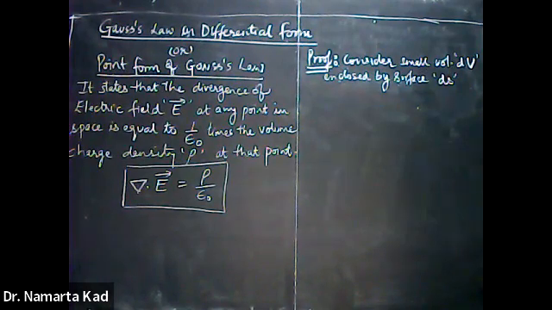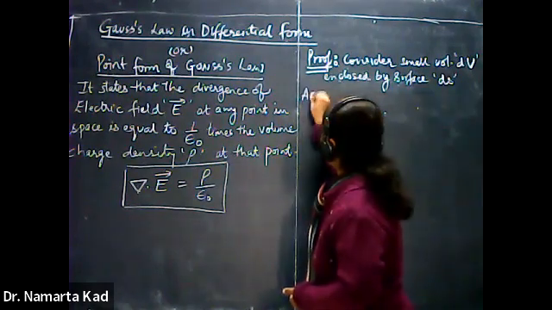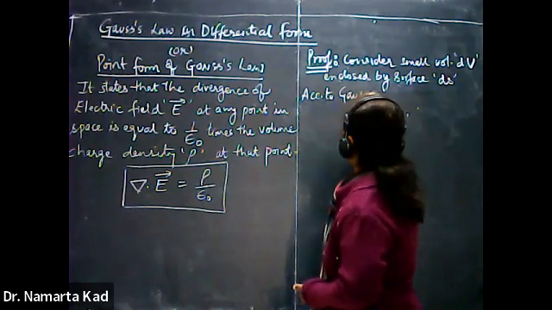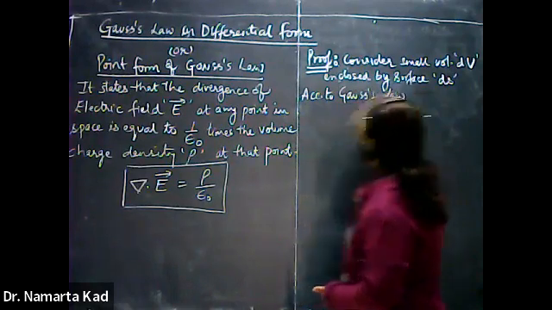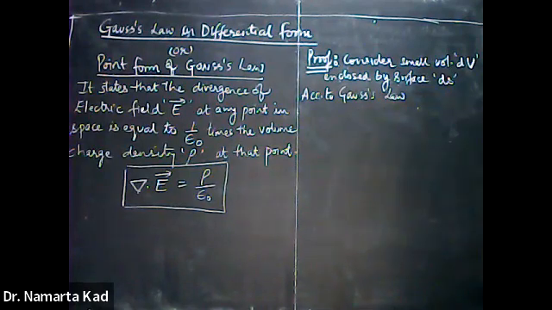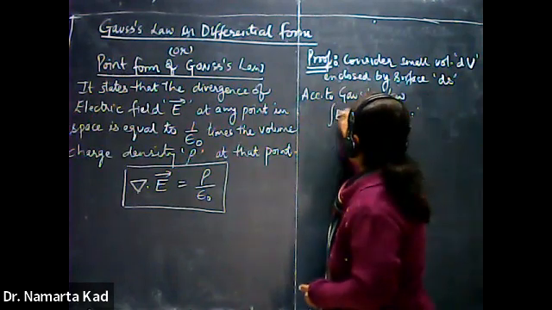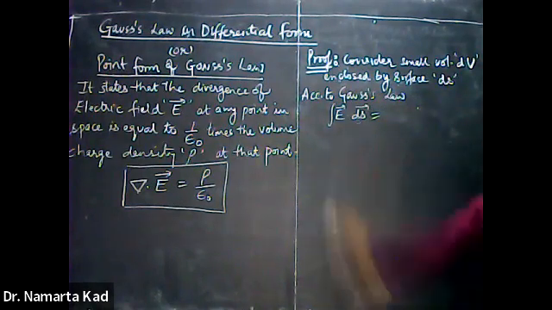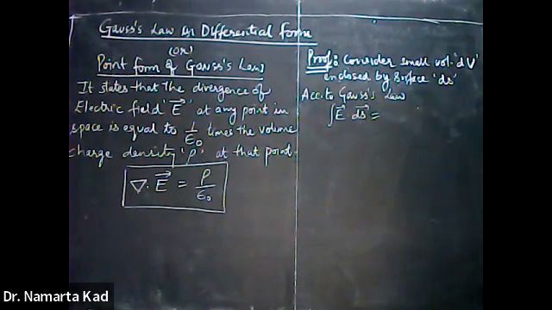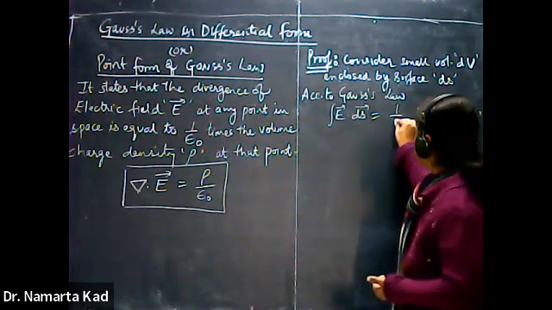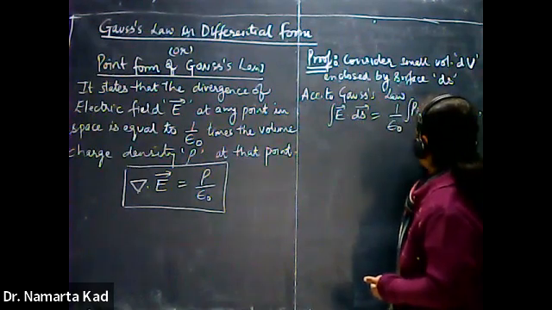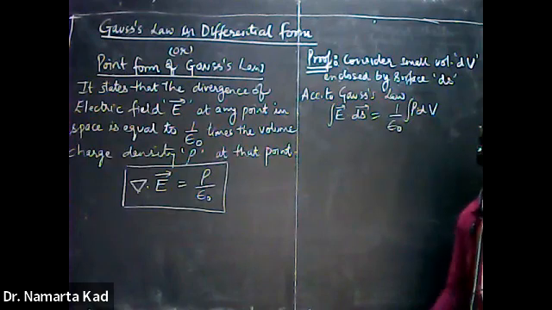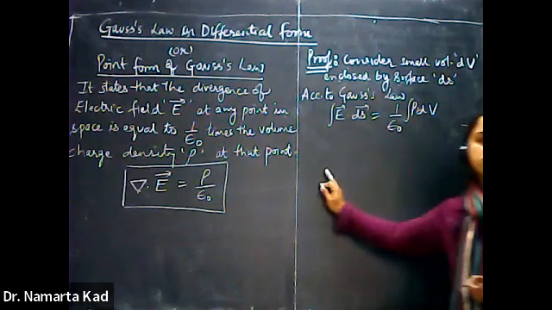Then, according to Gauss's law for a continuous charge distribution, the surface integral of E vector dot dS is equal to 1 upon epsilon naught times the volume integral of rho dV, because here the charge is continuously distributed over the volume.